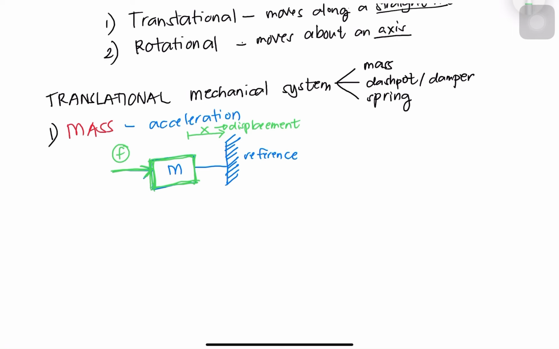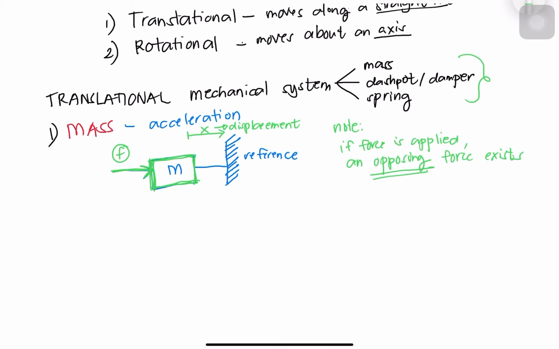Okay. So note that if force is applied, and this is applicable to all the basic elements of translational mechanical system. Note that if a force is applied, an opposing force exists.